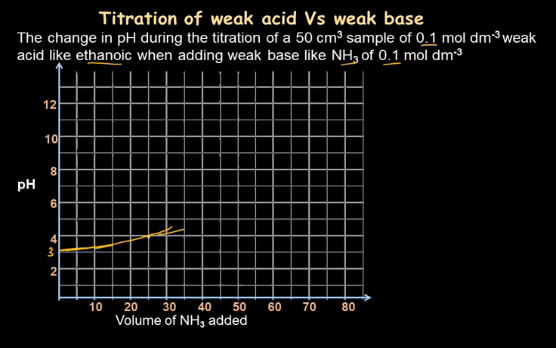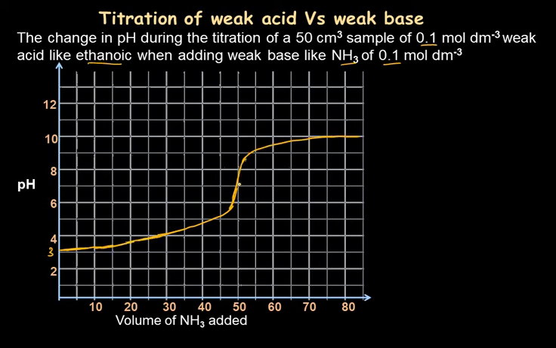It keeps on increasing till the equivalence point, and we know that the base is also weak, so the final pH will be approximately 10, also with a curve. So I'm drawing a curve at approximately 10. Again, it's not a horizontal line, and you can make out that the equivalence point of such a titration lies in a very small pH range.